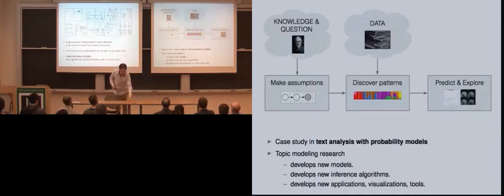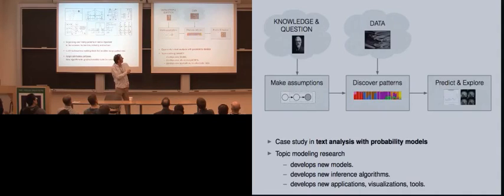And I'll get to this picture again at the end, but I want to mention it now, in case we don't get to the end. What's really happening with LDA is that it's a case study in using probability models to do text analysis. I like to think of probability models in this little pipeline, where I have my knowledge about the world and a question I want to ask.